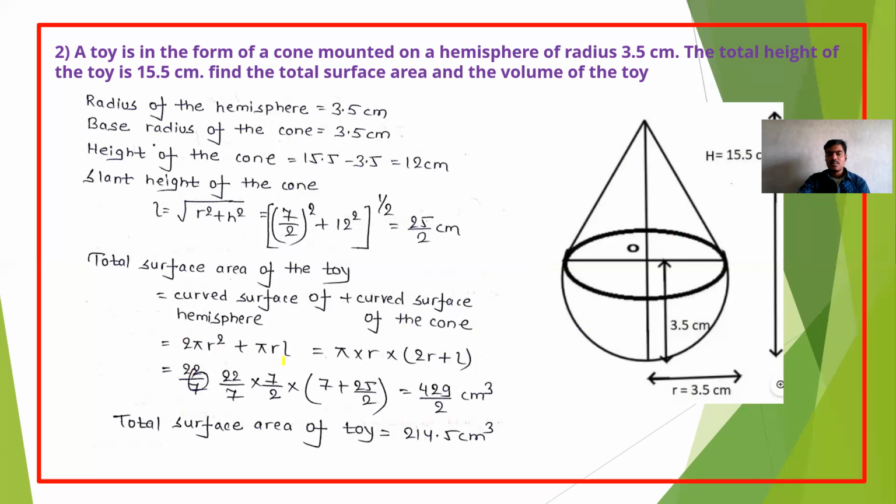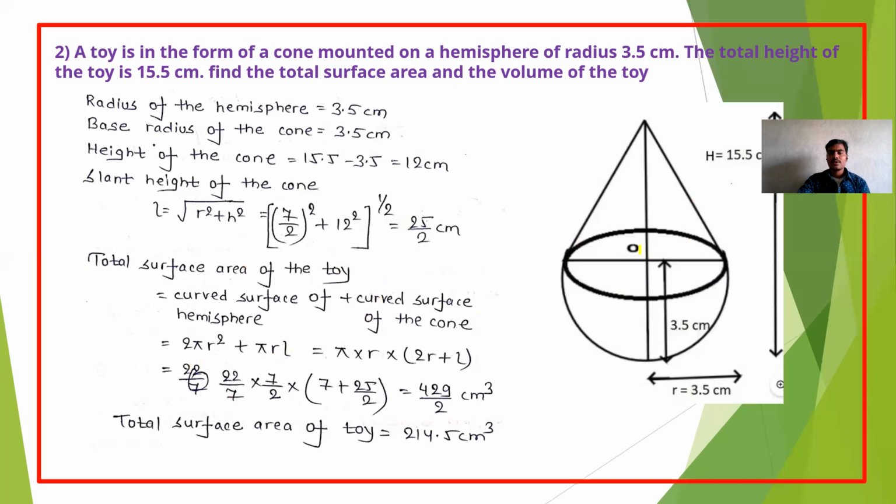Curved surface area of cone is pi r L. Since the toy is fully packed, we cannot open it. If we touch any side of it, it is considered in the total surface area.